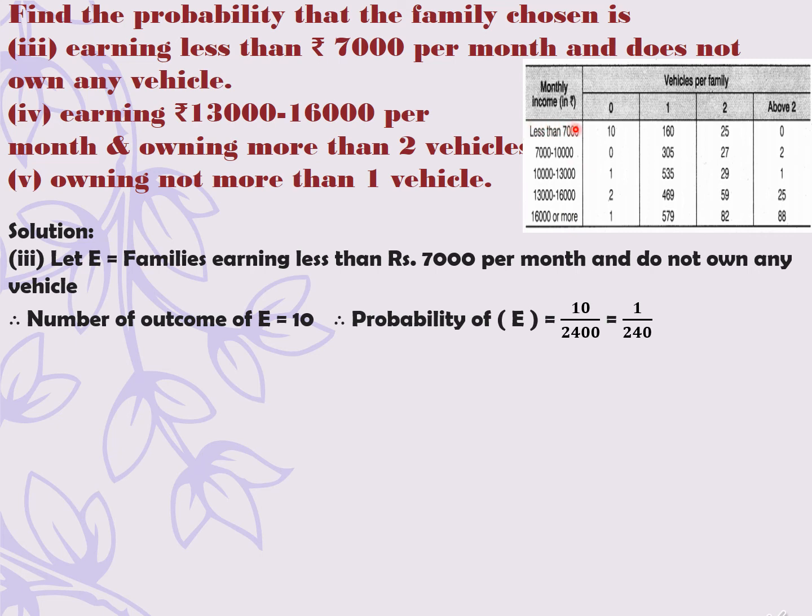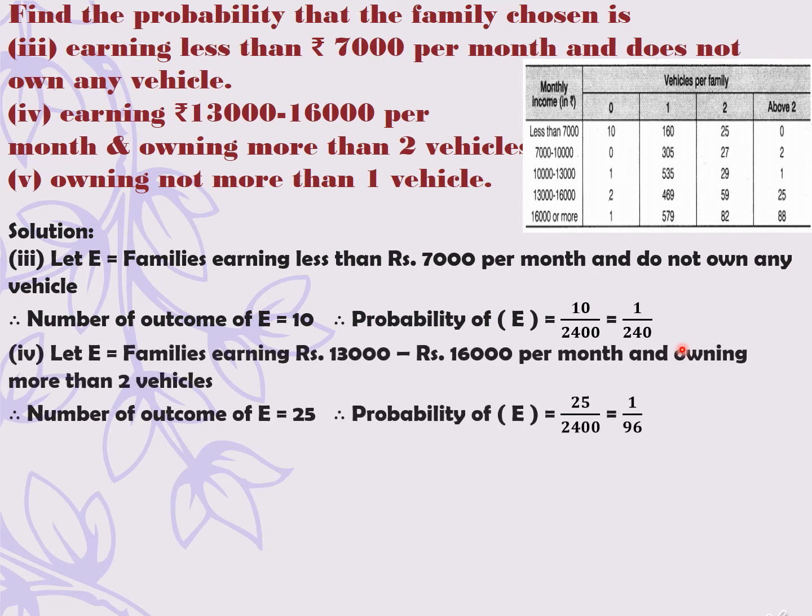So, 0 vehicles, that is number 10. Hence, the probability of this event E can be written as 10 by 2400, as the number of favorable outcomes is 10 and the total number of outcomes is 2400. Hence, the probability is 1 by 240.